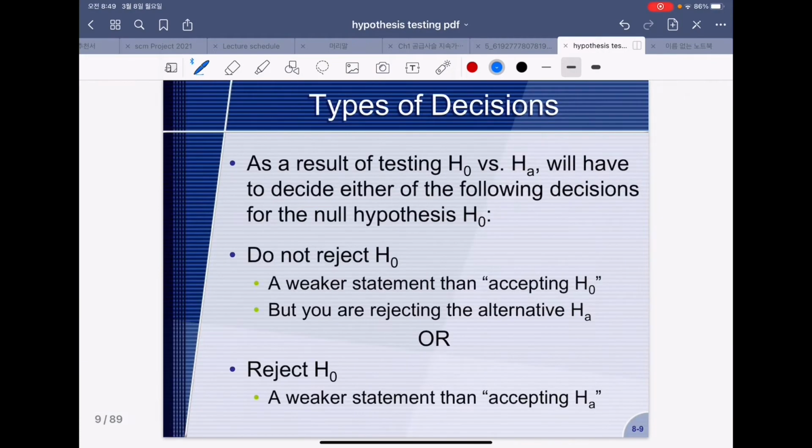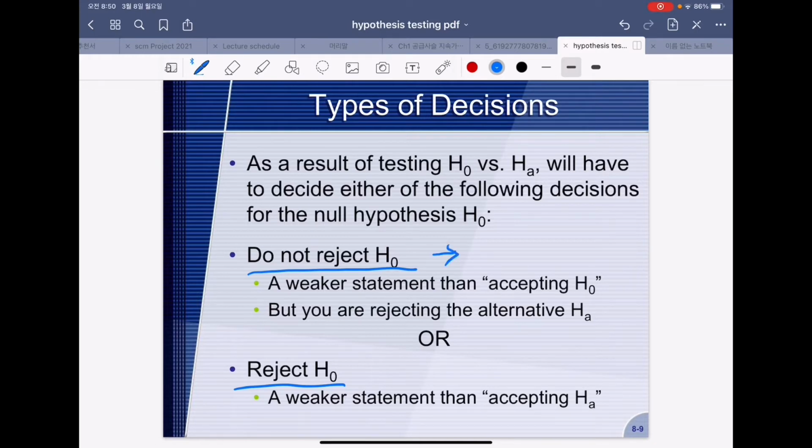Now let's talk about making conclusions about the hypothesis, right? So your conclusion should be like this: either do not reject null hypothesis or reject null hypothesis, right? This one means what?